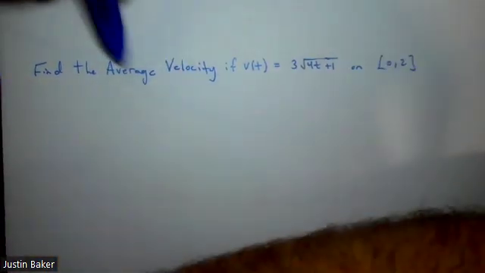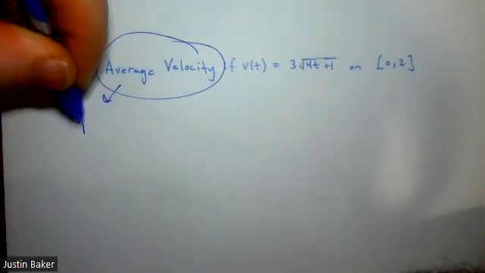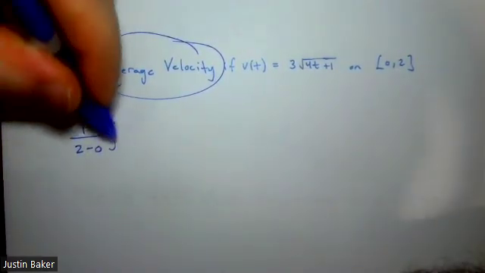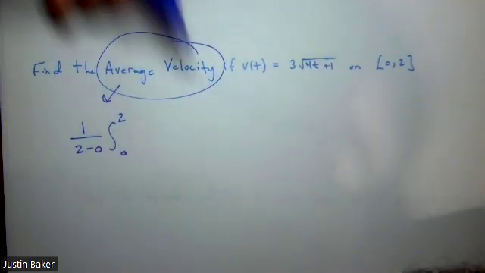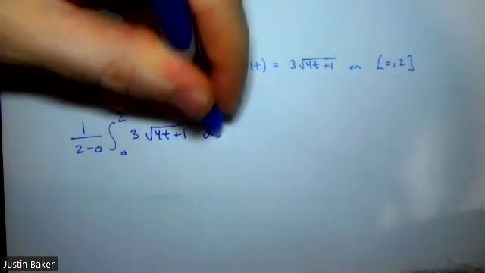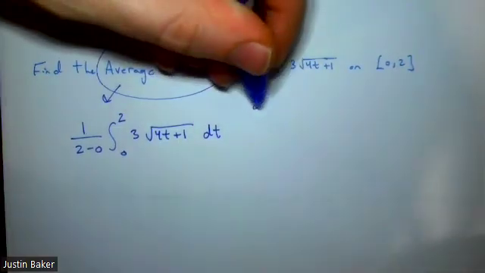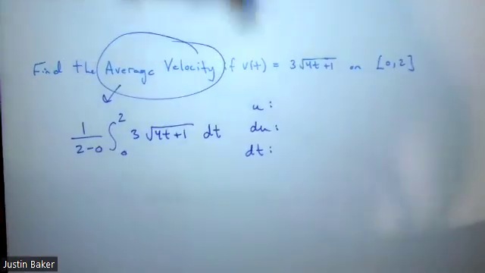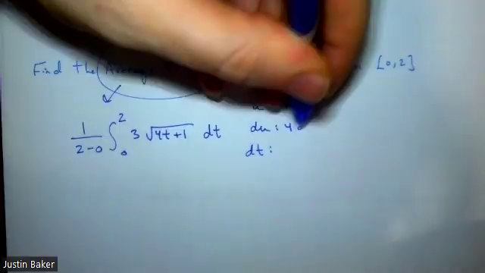Find the average velocity. Average anything is 1 over b minus a. So 1 over 2 minus 0, so just 1 over 2. The integral from 0 to 2 of 3 times the square root of 4t plus 1 dt. This looks like we need some u substitution involved. So we've got u equals 4t plus 1, so du is 4 dt.